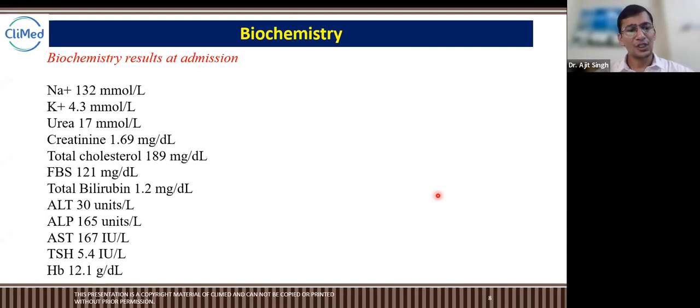Otherwise we call it a higher level. So here ALP and AST are really high. Creatinine is considerably high. Total cholesterol is also high. What is the normal level of total cholesterol?